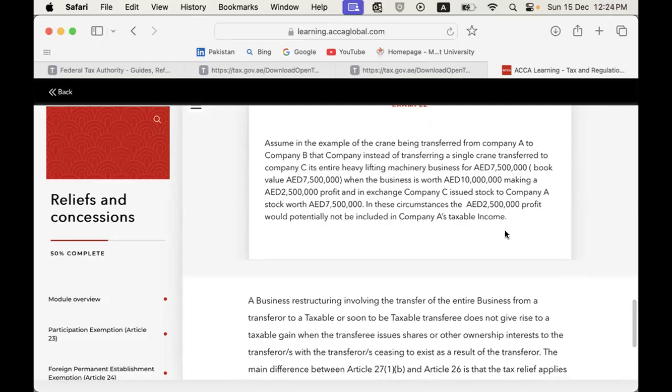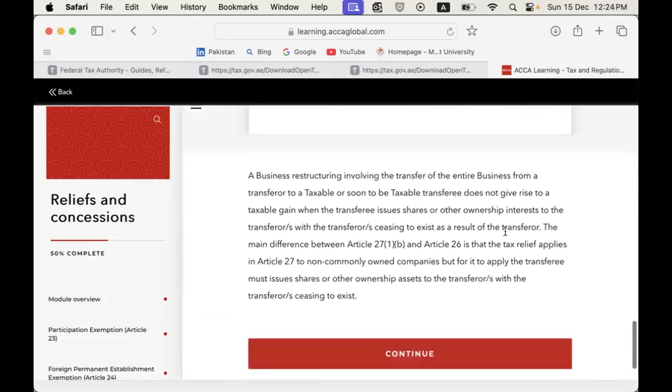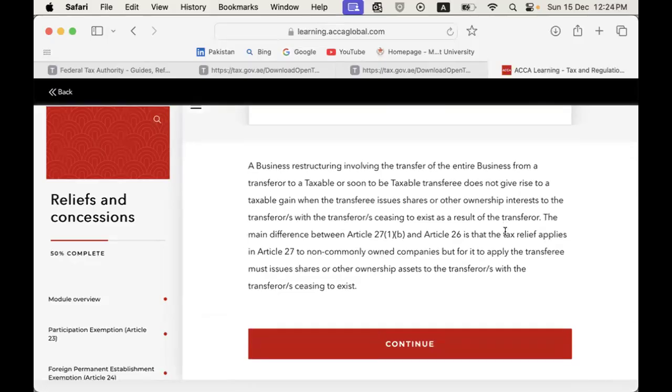So this is a key provision: although the net book value of the business was smaller and the market value was higher, for tax purposes, this transfer will be treated at book value. The person who was transferring was a taxable person. The person who was receiving was also a taxable person or soon to become a taxable person.